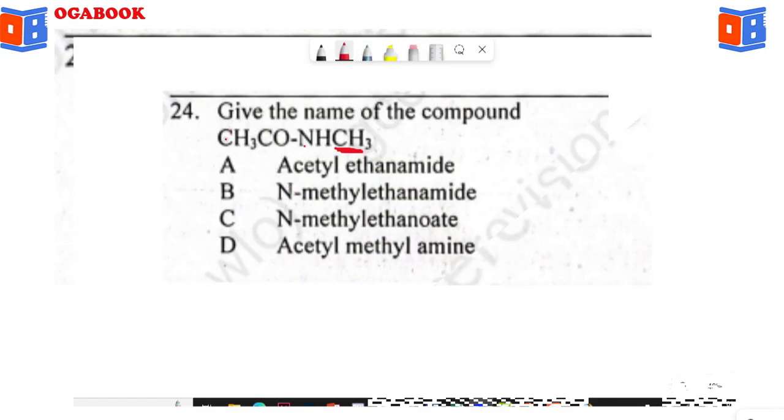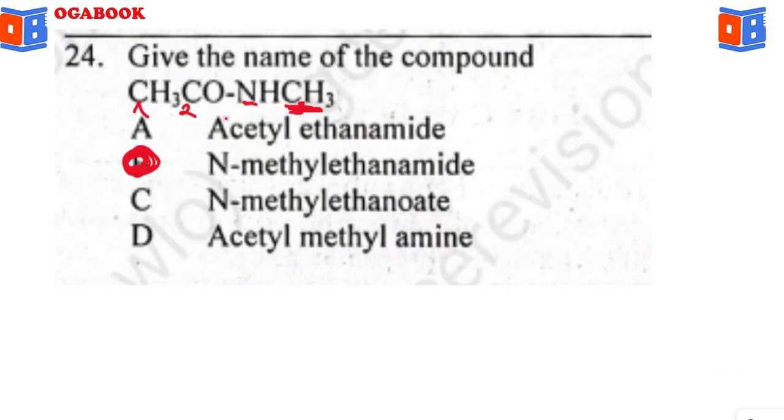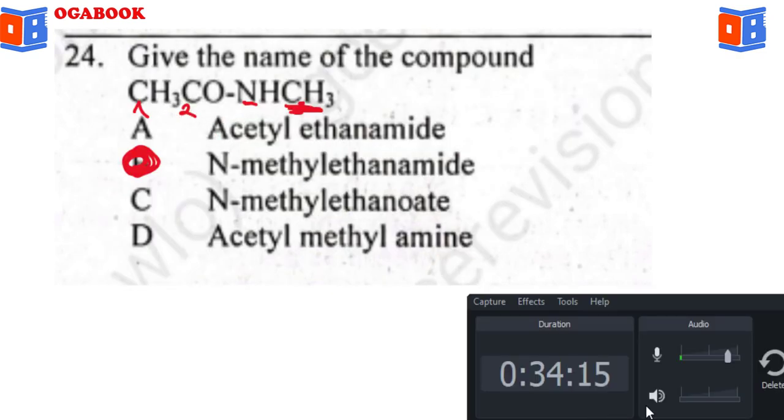So we have N-methyl, you count 1, 2, ethanamide. So the methyl group is on this N, so it is going to be N-methyl ethanamide. So if we check, we are seeing B to be the match, N-methyl ethanamide. So this compound is an N-substituted amide.